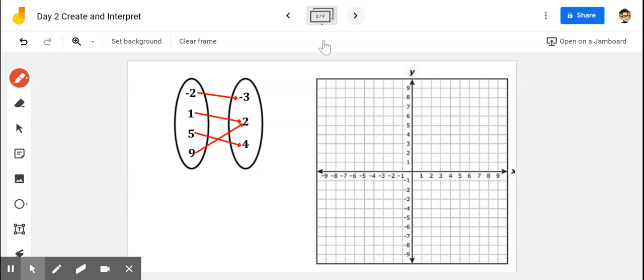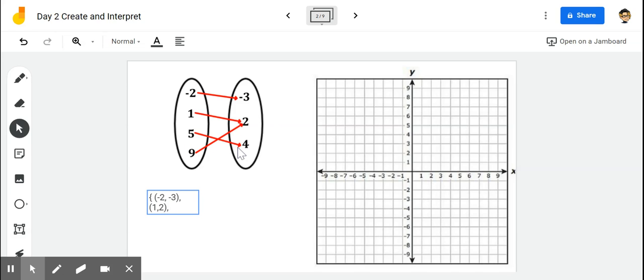All right, I'm assuming that you have paused this video. So I'm going to have my typing here, have my fancy squiggly mark, and set up my points. So my very first one goes from -2 to -3. So on the left, -2 is my x, -3 is my y on the right there. Next point goes from 1 to 2. So 1 is my x coordinate and 2 is my y.